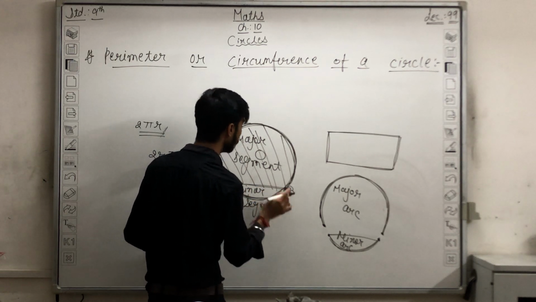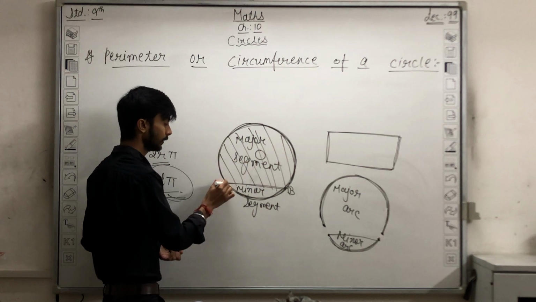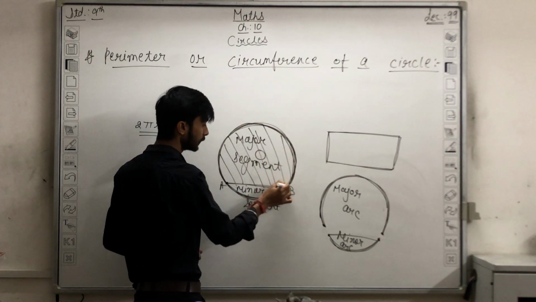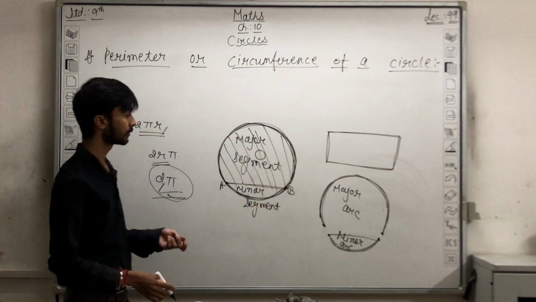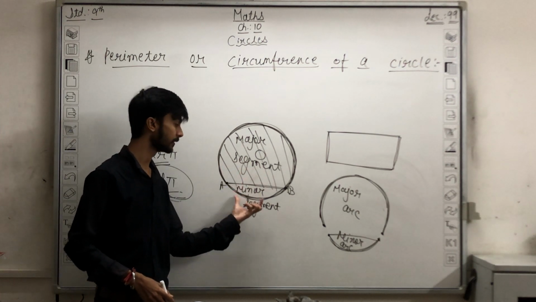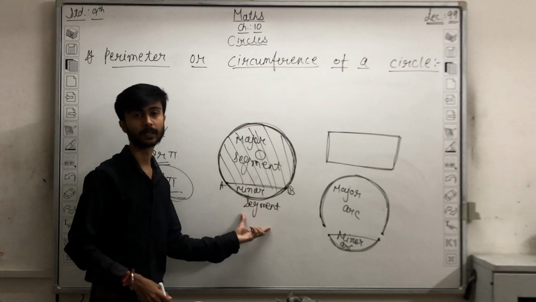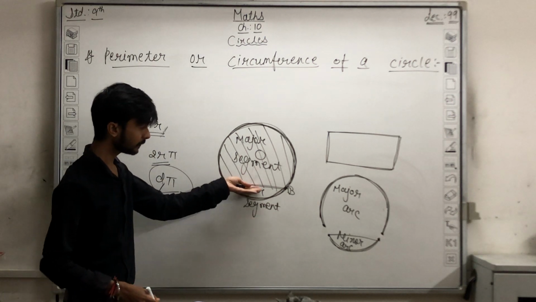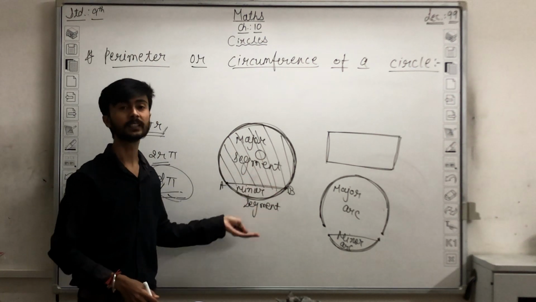So the upper side which has the major arc, this region is called the major segment, and this is known as the minor segment, separated by this chord AB.